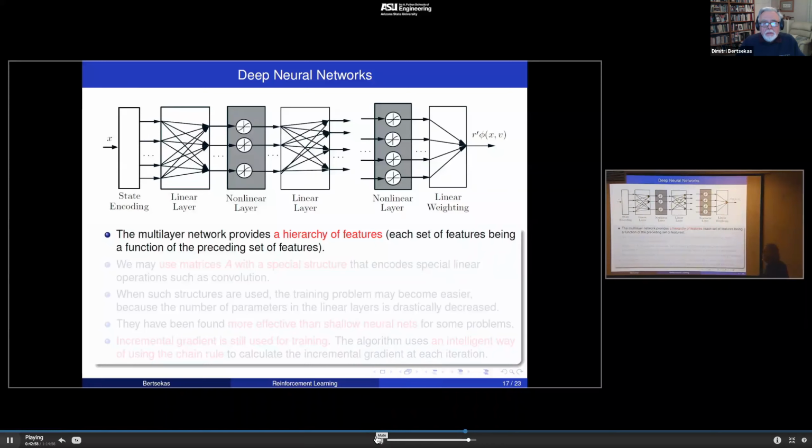Why is this true? Well, people don't quite understand, but people speculate about why deep neural networks may perform better. They don't always perform better, but you may try them and you may find great improvement. Well, a multi-layer network provides a hierarchy of features. Instead of just single features at the end of the first nonlinear layer, it gets a set of features which is used as inputs to produce a new set of features, and then a new set of features.